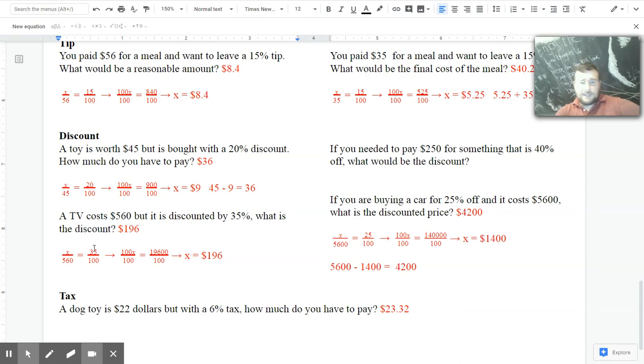Once again, by the way, on this last problem, you could have used 75% instead of 25% over here because you're trying to pay only for 75% if I got a 25% off discount, and then it would go straight to the answer. You wouldn't need to subtract at the end. Whichever way you want to do it is fine. But in problems where you're actually looking for the discount, you have to go ahead and use the percentage of the problem.